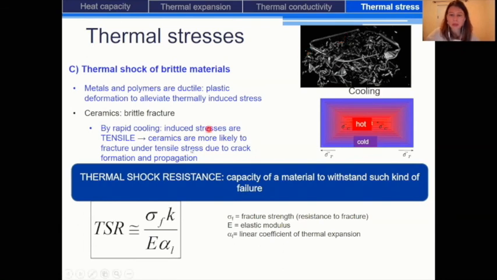So particularly by rapid cooling, we induce a stress that is a tensile stress, as we presented. So on the surface, we have a tensile stress. And when we talked about mechanical properties of ceramics, we said that they are not resistant to tensile stress, to tensile force, and they are much more likely to fracture under tensile stress due to crack formation and propagation.